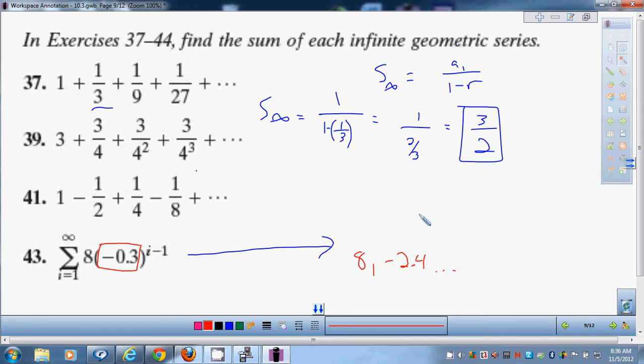So S sub infinity of 43 is a sub 1 divided by 1 minus your r value, and you can punch that in the calculator. Has anybody punched this in the calculator?